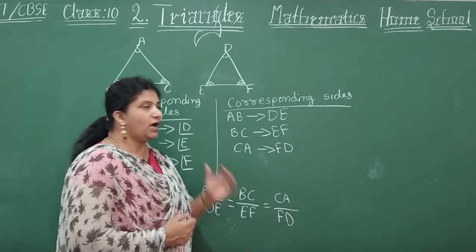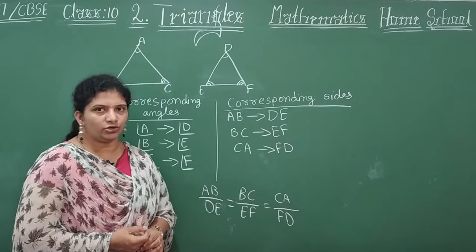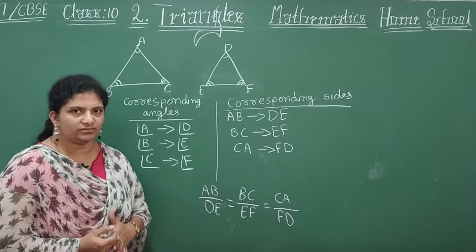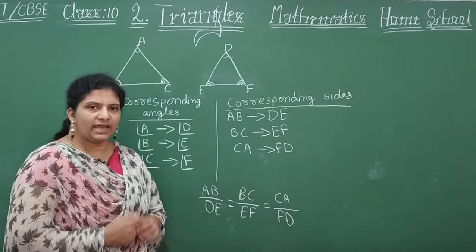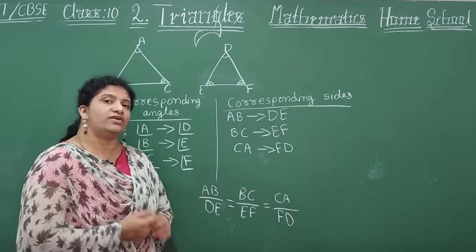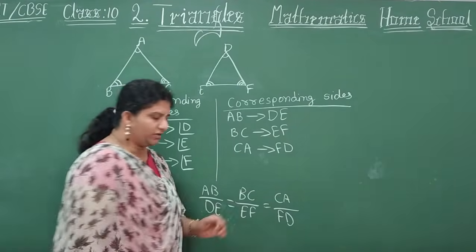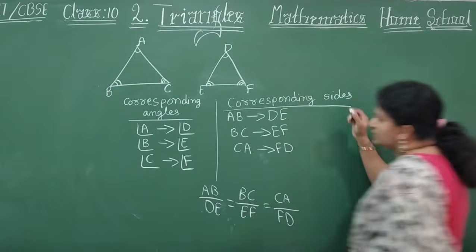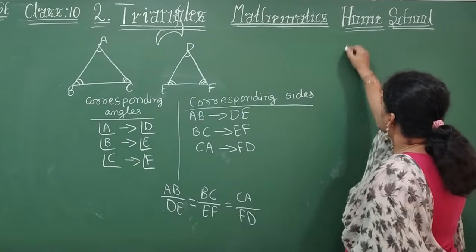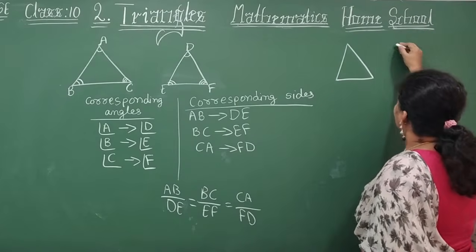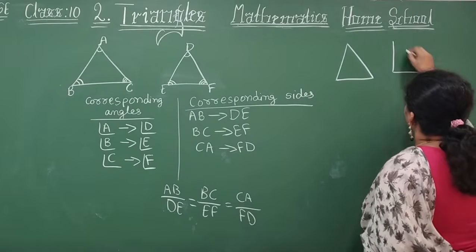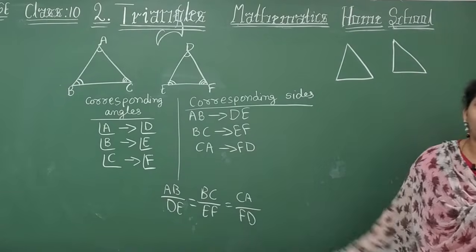Okay. Now one more triangle pair we are going to compare. So if I give a different way, how will you compare? Observe here carefully, children. Let me give you a triangle like this. It may be any way.